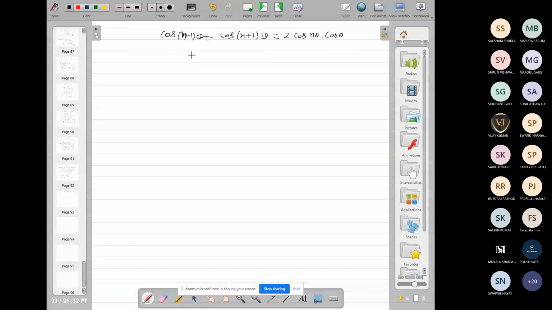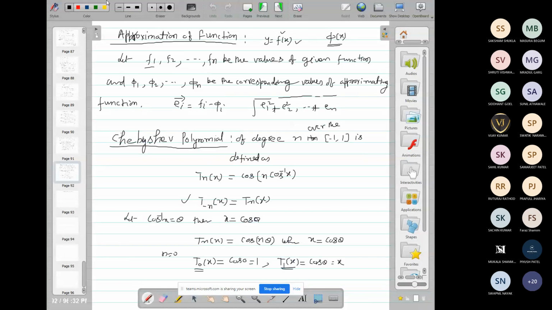So using this, Tn(x) is cos of n theta, using the definition of this.